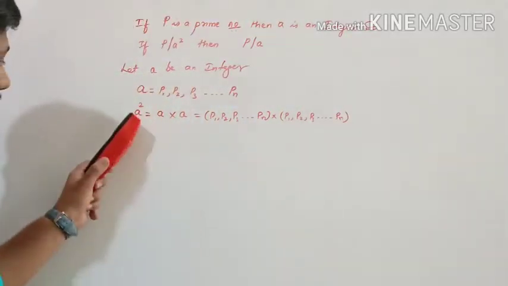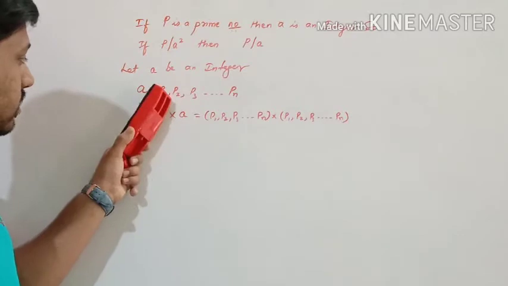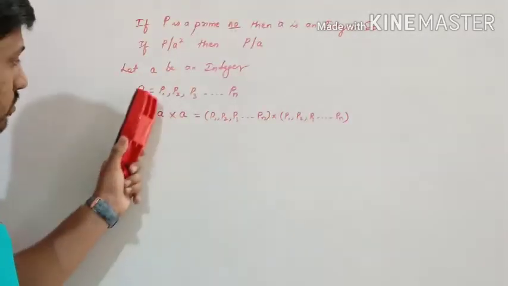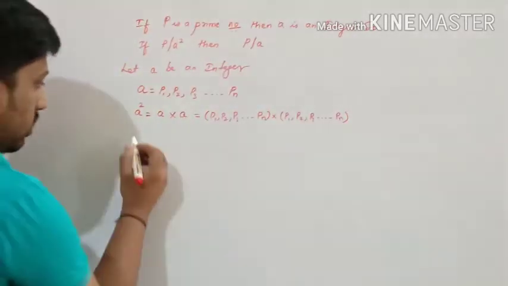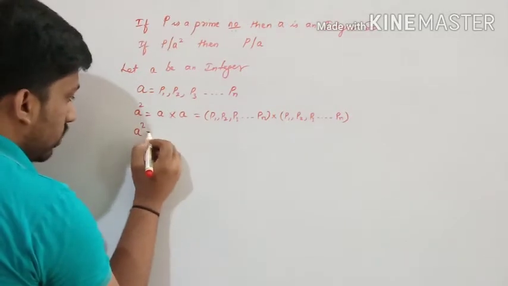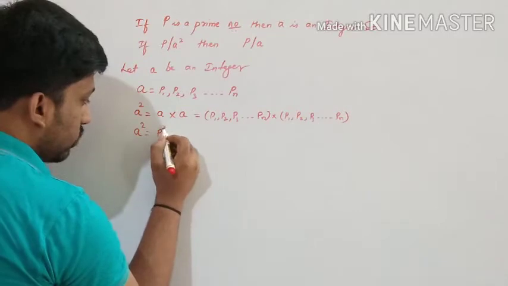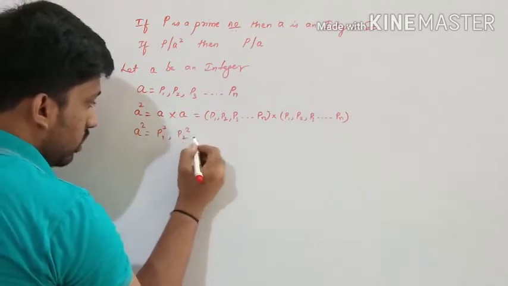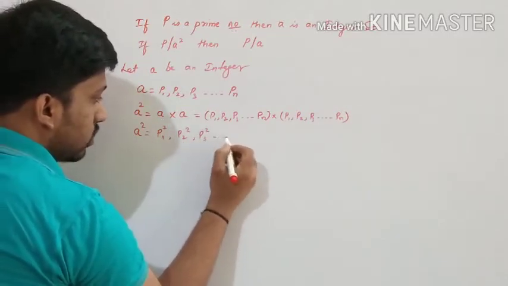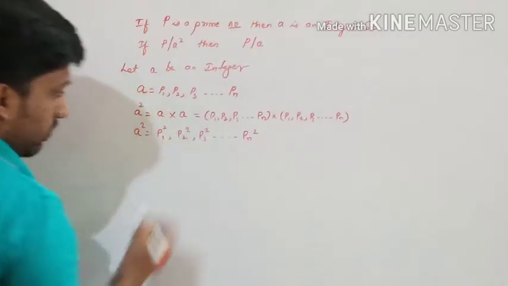I have split a square and substituted a with the product of primes. So a square is equal to p1 into p1, which is p1 square, and we get p1 square, p2 square, p3 square and so on to pn square.